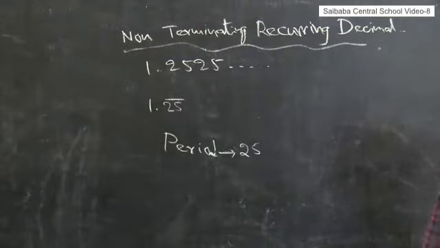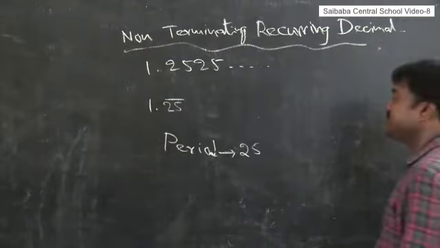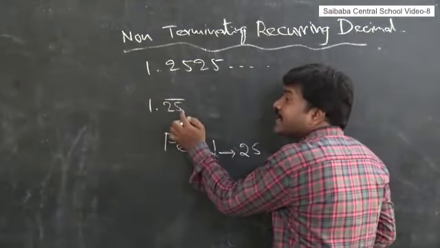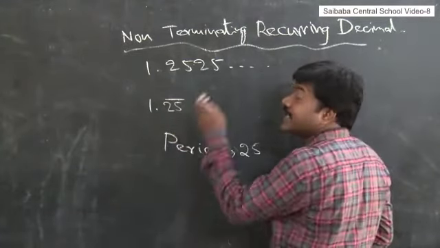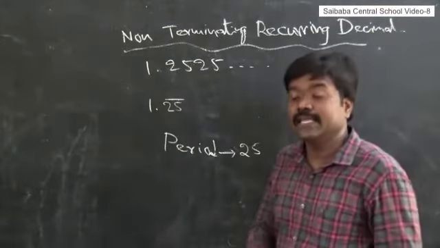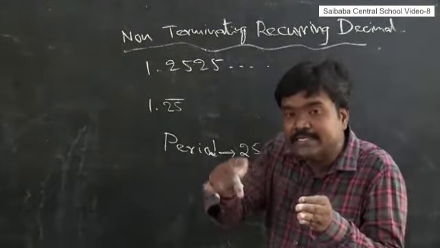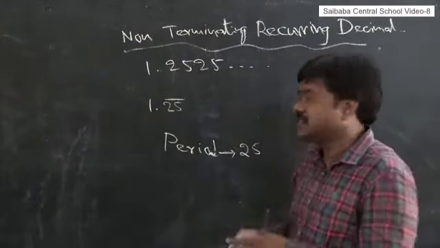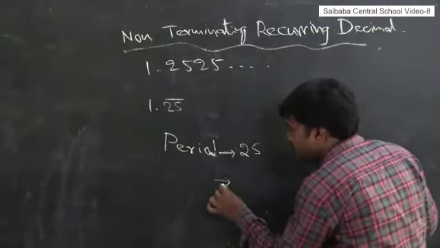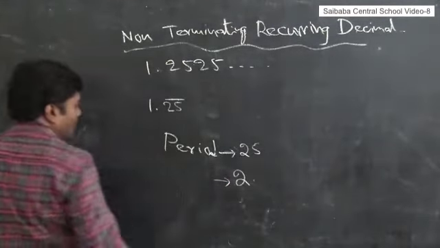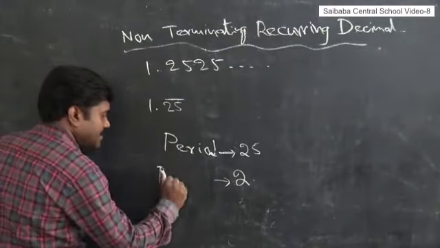Next, periodicity. Periodicity means the number of digits in the period, how many digits are under the bar. Then periodicity is 2. Don't forget period and periodicity.